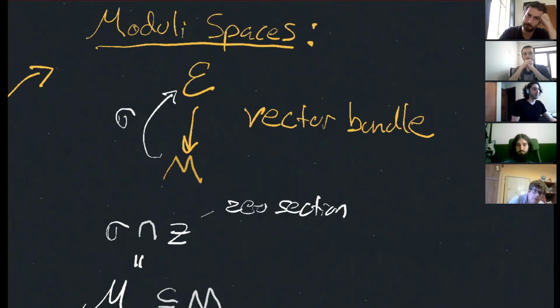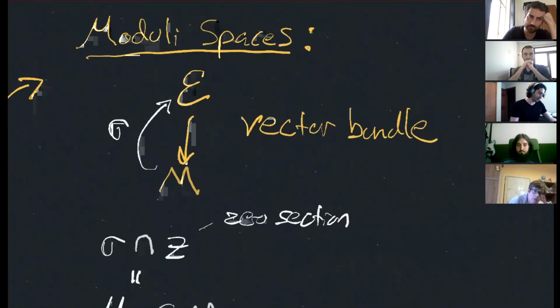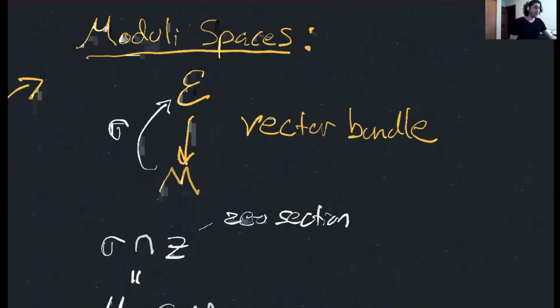Okay, so a very common way to produce moduli spaces is this setup: you have some vector bundle over a manifold and you have some section, and you want to cut out the zeros of that section. This section might be describing some sort of equation that you want the solutions to. That'll be your moduli problem.